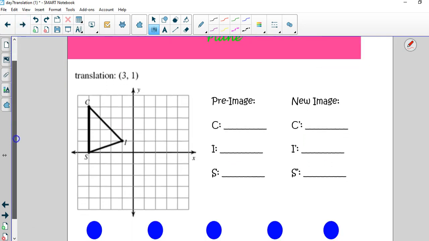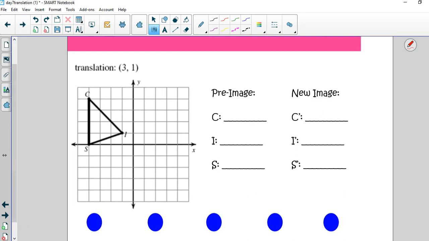Okay, again, let's identify our points. C, 1, 2, 3, 4, -4, and 1, 2, 3, 4, up. I, -1, +1. S, 1, 2, 3, 4, -4, 0 for y.